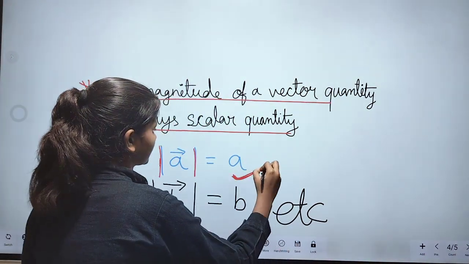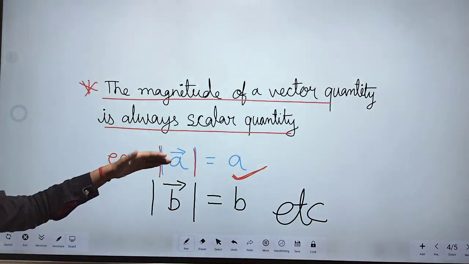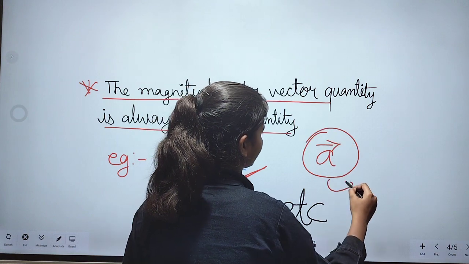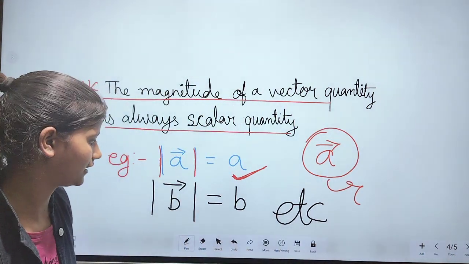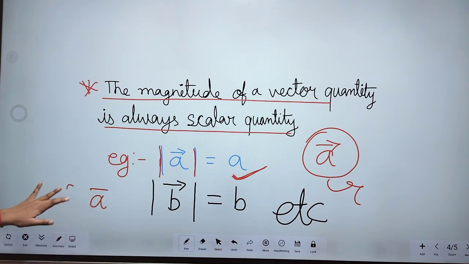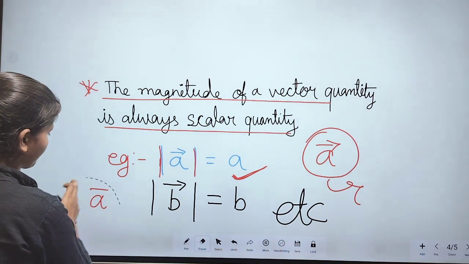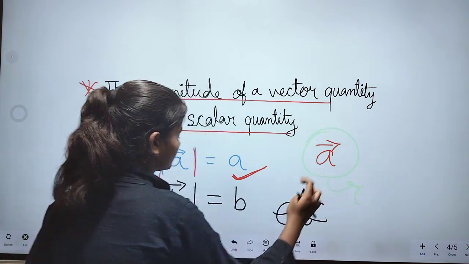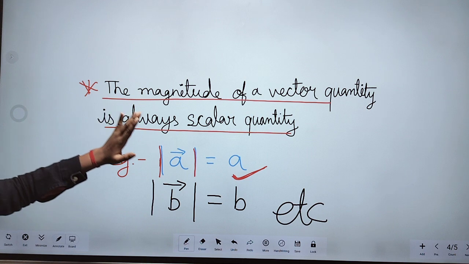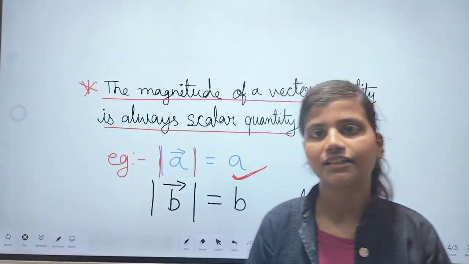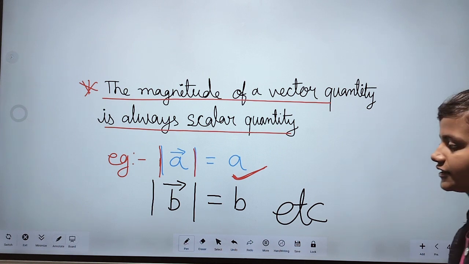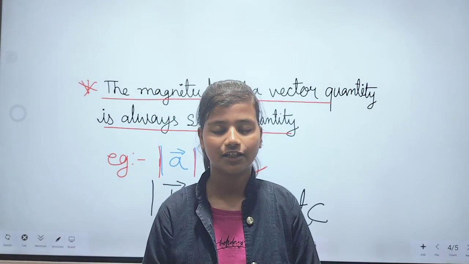So this is called a scalar quantity, because the arrow shows that this is a vector quantity, or you can also denote it by a bar over a letter or a bold letter. That's why the magnitude of a vector quantity is always a scalar quantity.